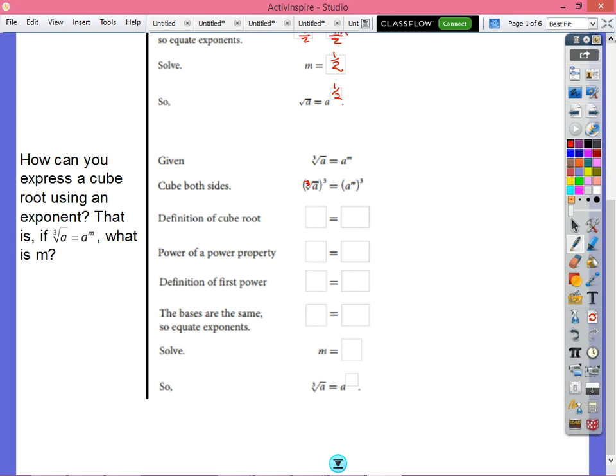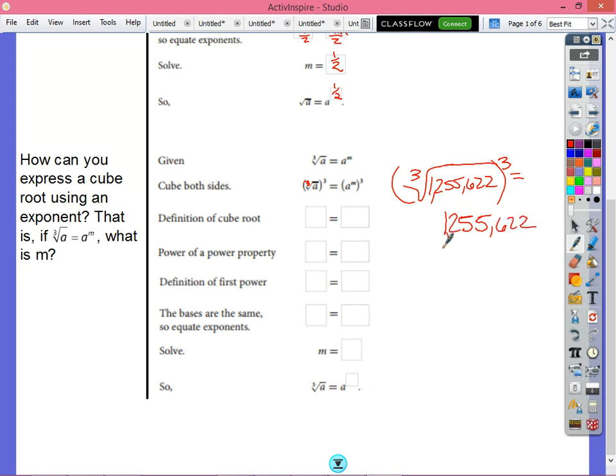A. Okay. If you do the cube root of any number, say a number cubed, then that's going to be equal to the original number.